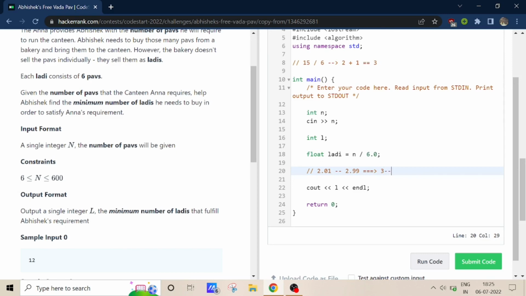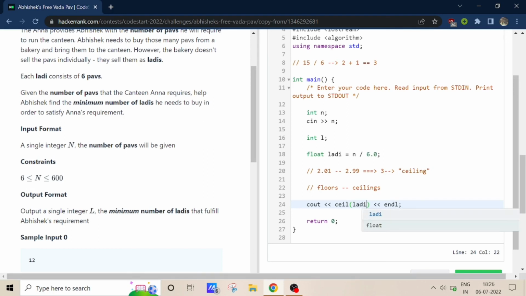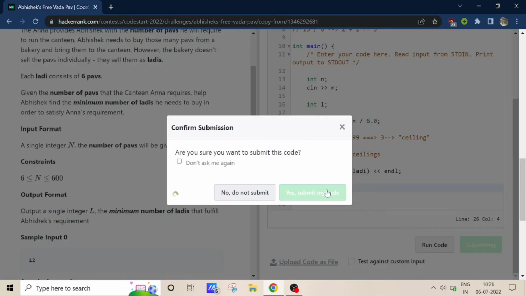We actually call this the ceiling. In programming, you would have two terms, floors and ceilings. So floor for 2.01 to 2.99 would be 2, whereas the ceiling would be 3. So the ceiling is something like GIF, the greatest integer function. So we can do that as well. We can directly output the ceiling of ladis. Let's just submit this.